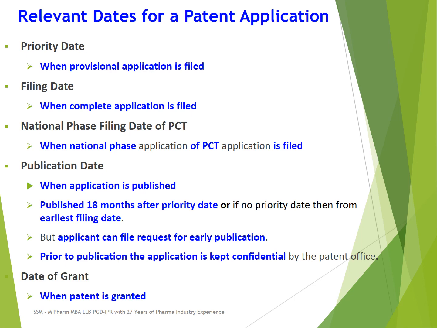If the applicant wants to publish his application earlier than 18 months, then he can file a request for early publication. Prior to publication of the application, the application is kept confidential by the patent office. Next is the date of grant. It is the date when the patent is granted.